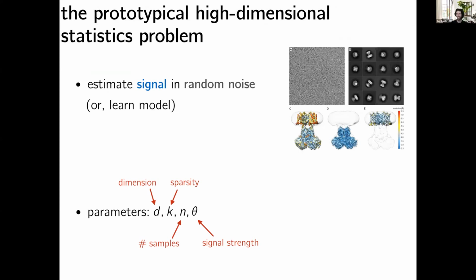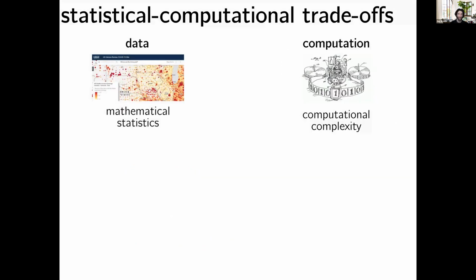So, generic statistics problem: signal plus noise, or estimate parameters of a machine learning model. Basic resources: data and computation. Like I said, mathematical statistics is concerned with how much data we need, but it says nothing about computational complexity.